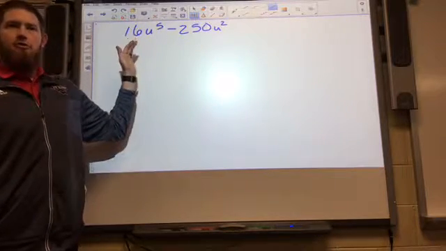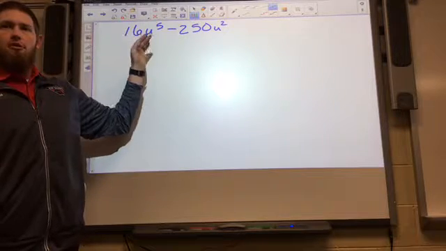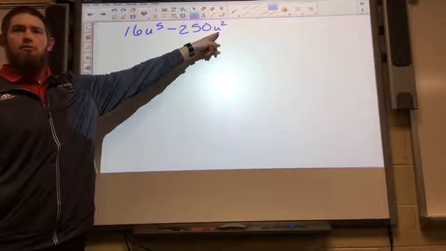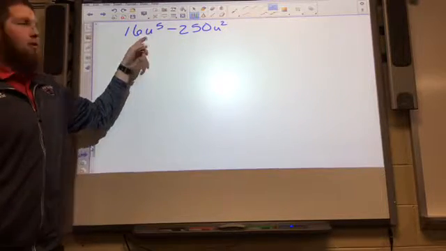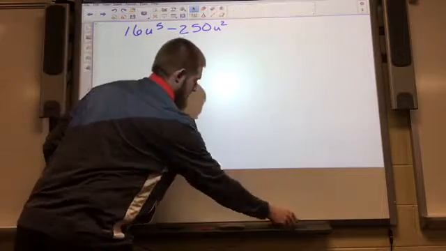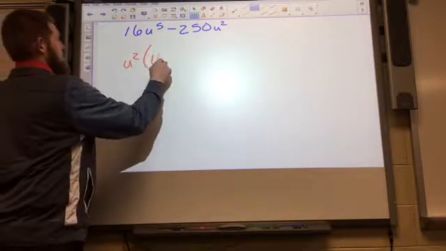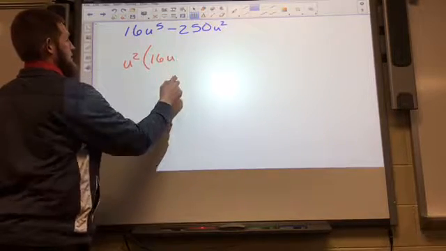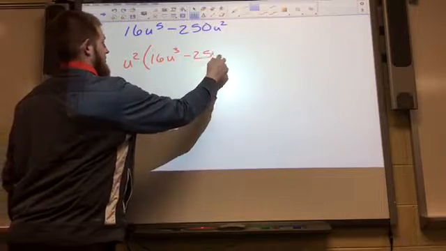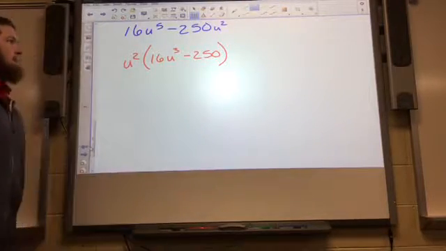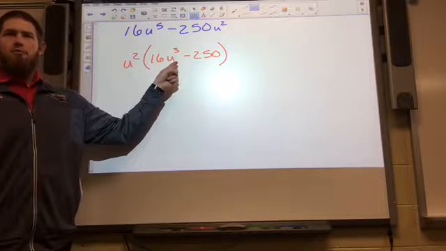So should I be able to factor a u squared out? You guys get what I'm saying? That has a u squared, right? And that does too. It's got a u to the third and a u squared. Okay, so let's take that u squared out. And then I have 16u to the third minus 250. Is this a difference of two cubes?